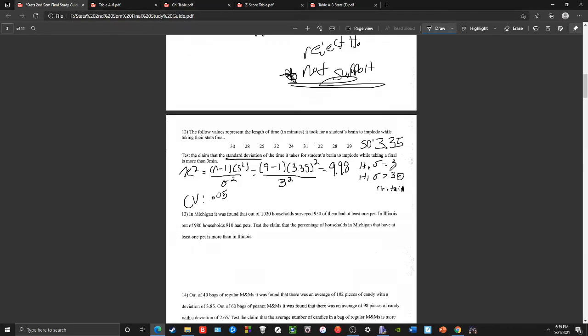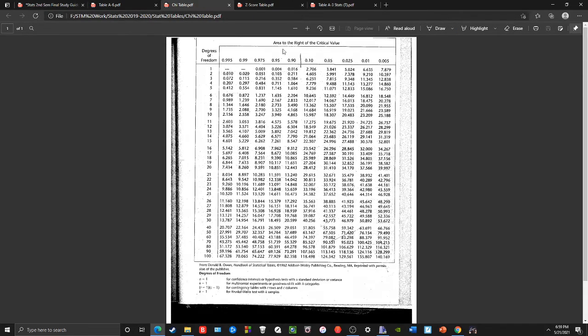So if my tail test and my tail of the table agree, then I don't have to do anything. Then I can just look up 0.05 on my table and I'm good with it, right? But if they disagreed, then I would have to do the 1 minus thing, where I do 1 minus 0.05 and look up 0.95 instead. But in this case here, I don't have to bother with that because the tail of my table and the tail of my test are both right. They agree. We're all good.